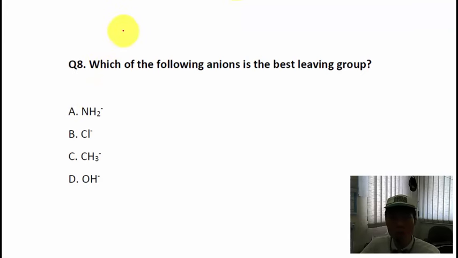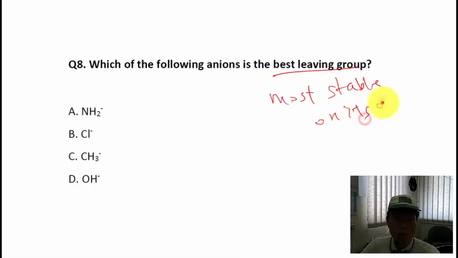Question 8. Which of the following anions is the best leaving group? Again, translate. Best leaving group means most stable on its own. In general, that is almost equal to the poorest nucleophile.